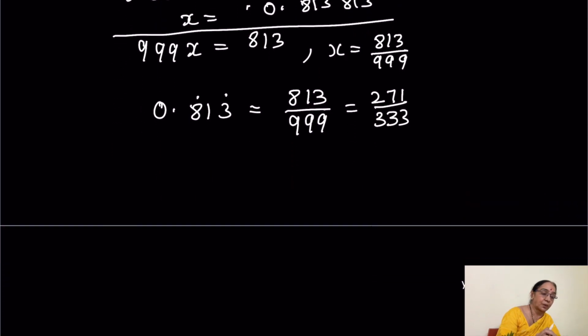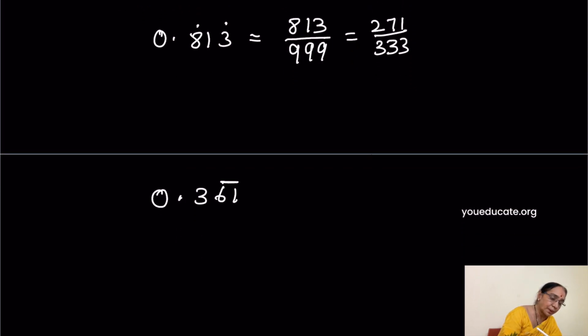Now we'll take one more example where only certain digits repeat, not the entire set of decimals. So for example, if you have 0.361, where only the 61 repeats, not the 3. So how do I write it in the expanded form? 0.361, 61, 61, goes on like that.